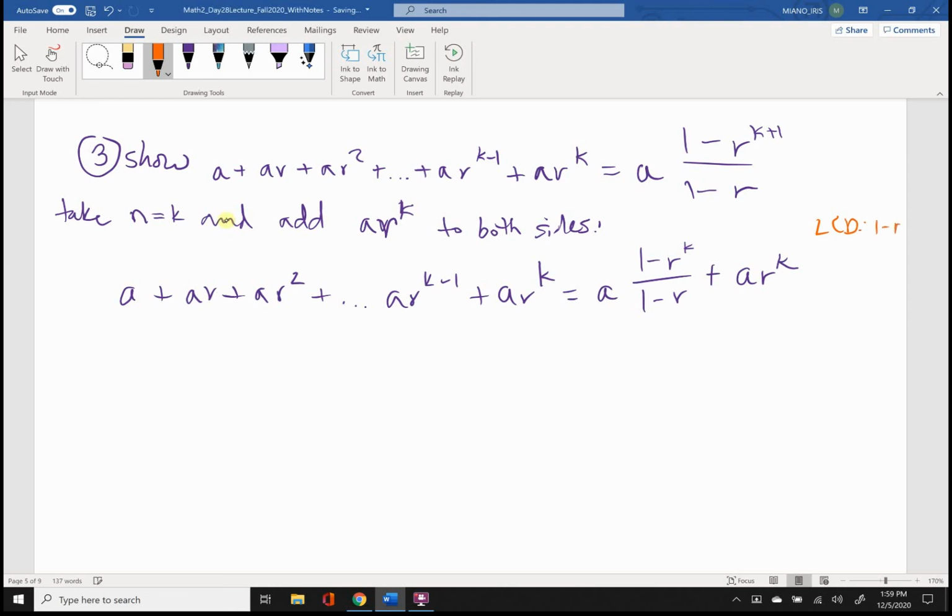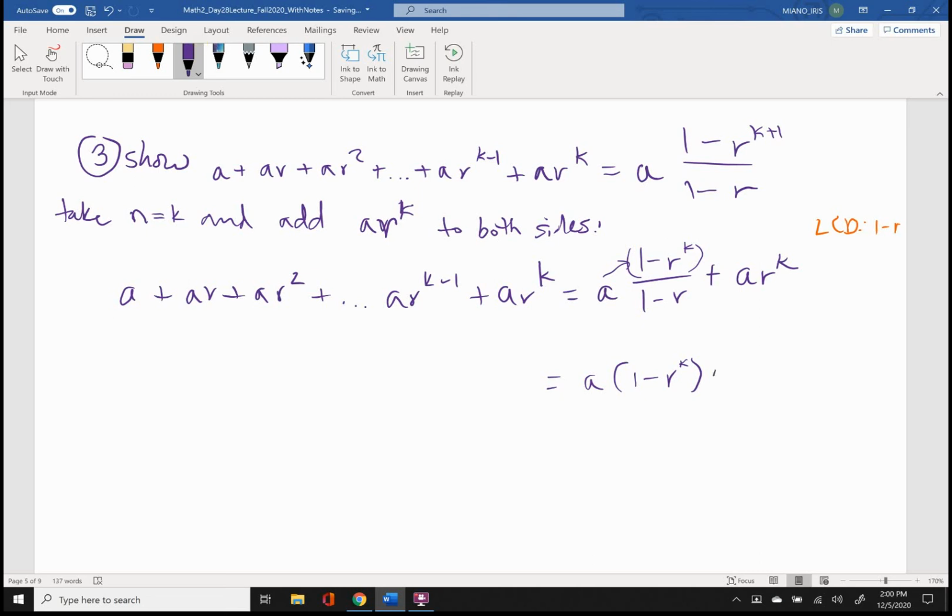So what I'm going to do is build up this term right here to have a common denominator with this first term so that I can add those numerators together. Here we go. This will be a times 1 minus r to the kth power. So that's basically this a jumping up with the numerator here, but I'm going to wait to distribute into a second step.